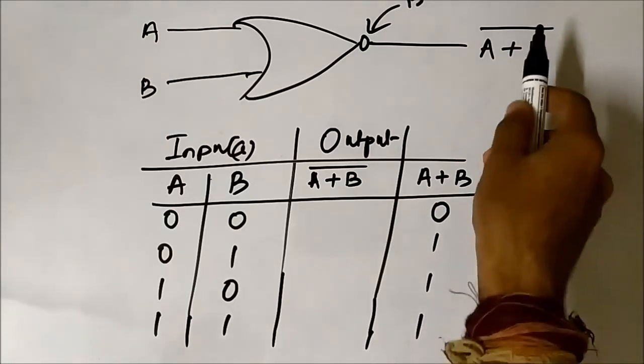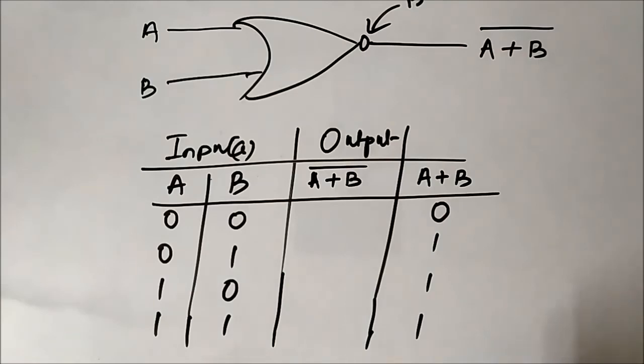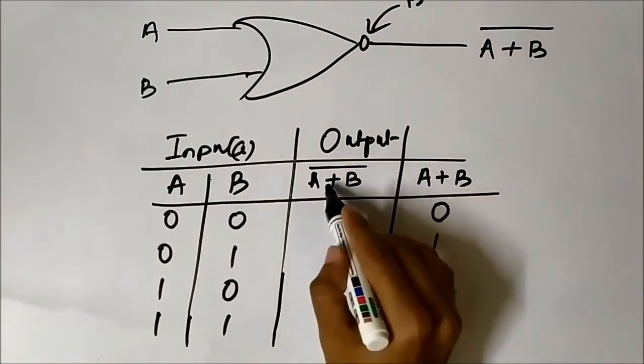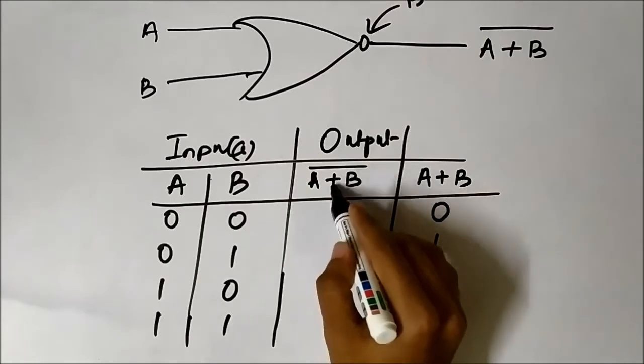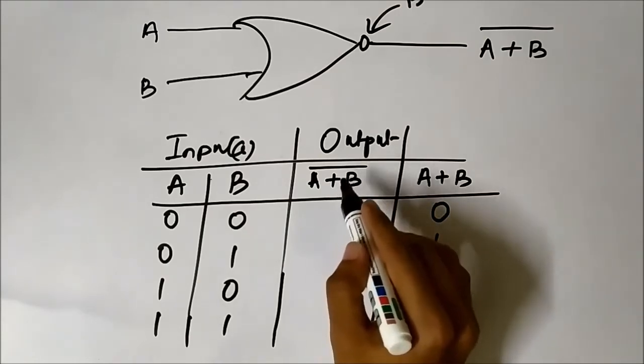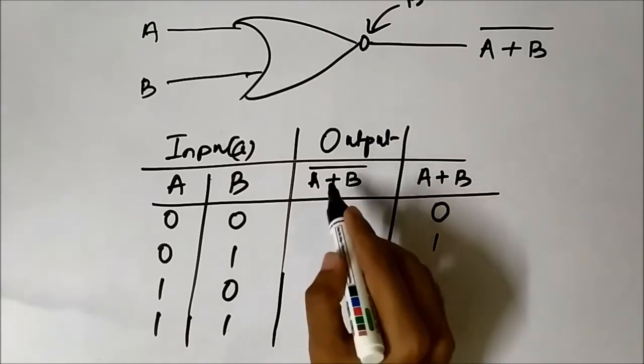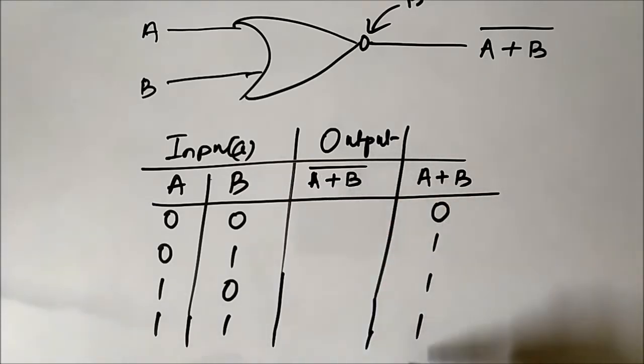So the NOR gate is the inverted version of the output of the OR gate, the complement of the OR gate output. This is the output of the NOR gate we are interested in. So it is the opposite, the inverted version or the complement of the OR gate output.